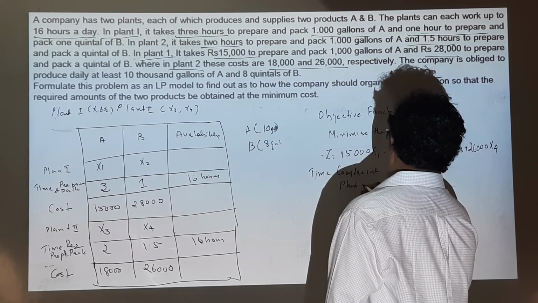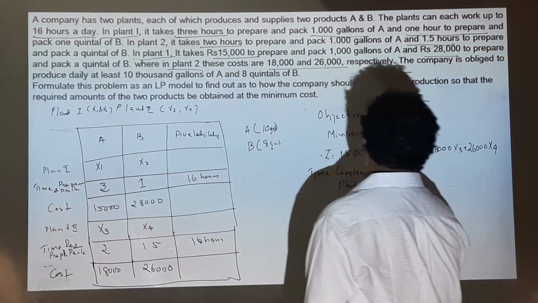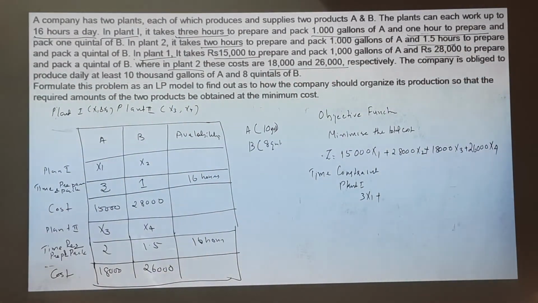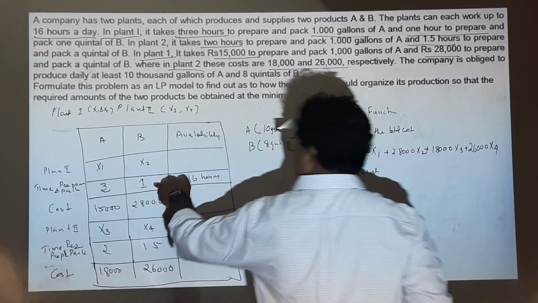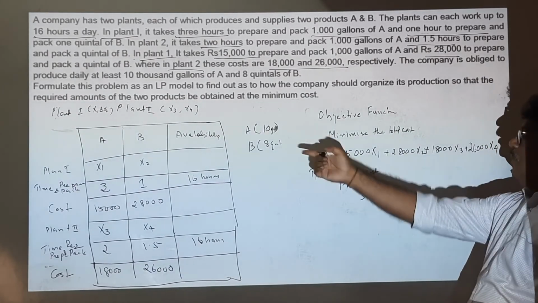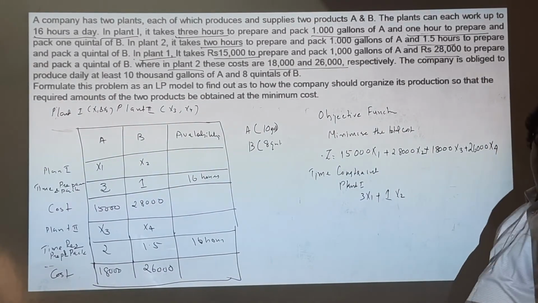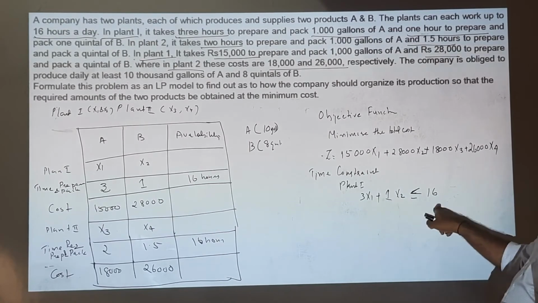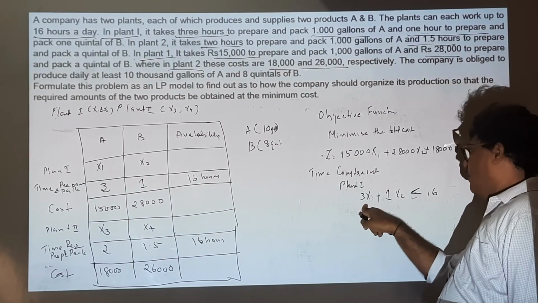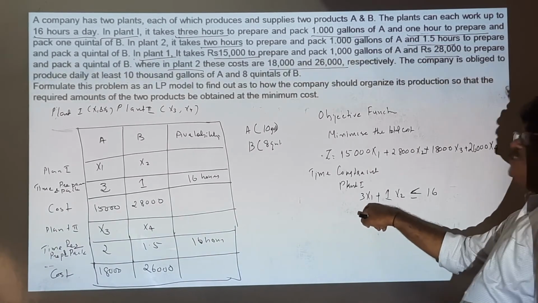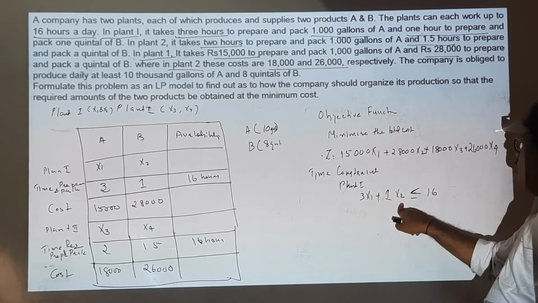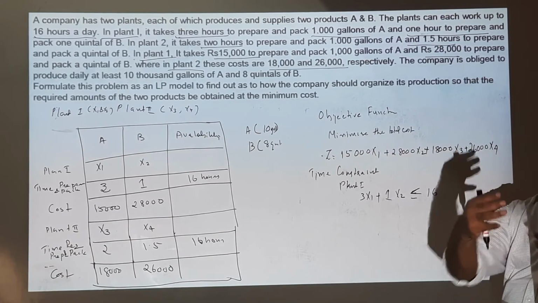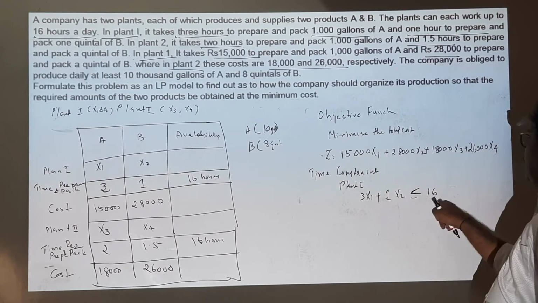Plant 1, 3 hours for 1 unit of A, so it is 3 into X1 for X1 units. And 1 hour for 1 unit of B, so 1 into X2 is the total time required to manufacture X2 units of B. And the total time availability is 16 hours.